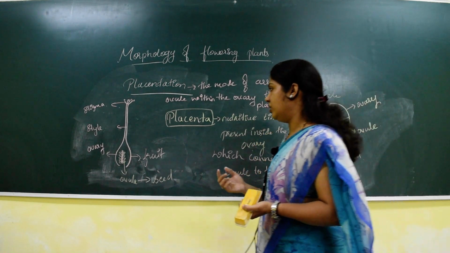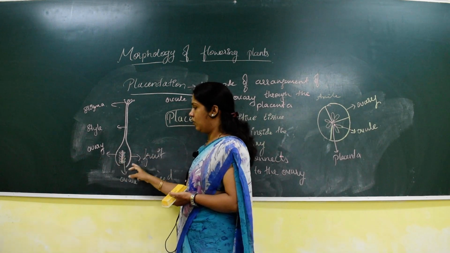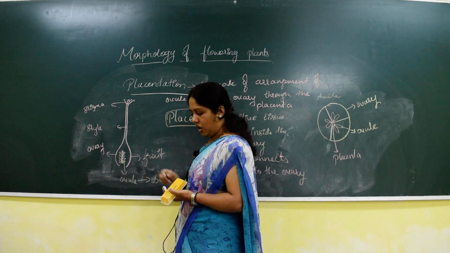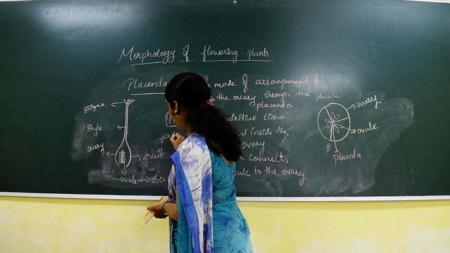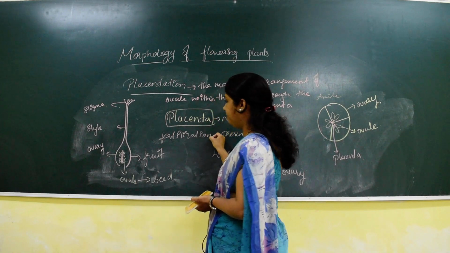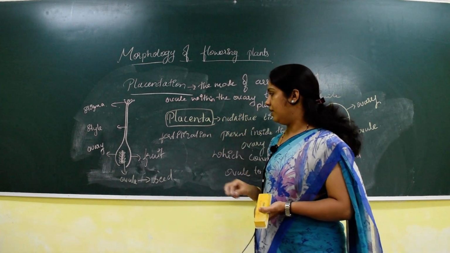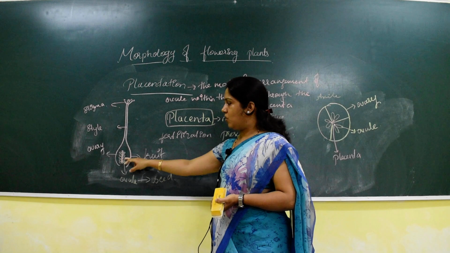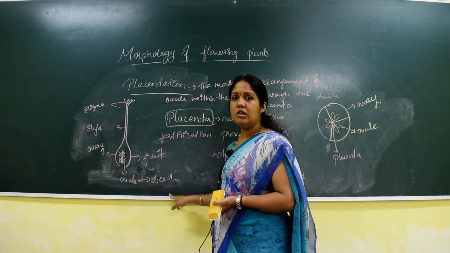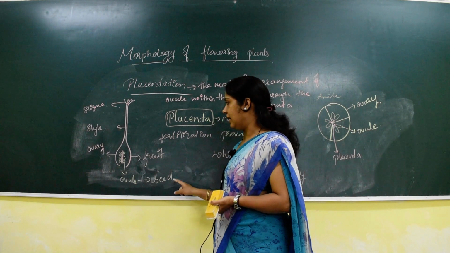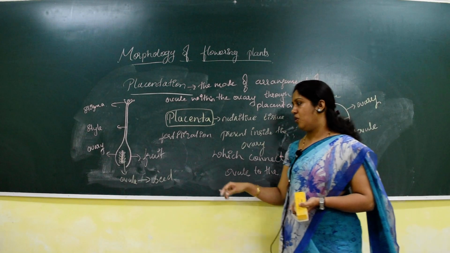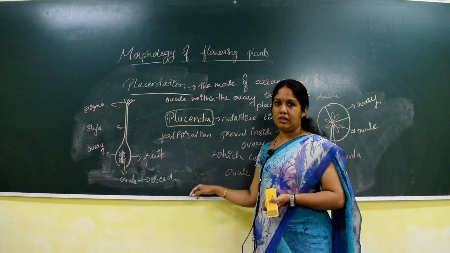After fertilization, the ovary will develop into fruit, whereas the ovule which is present inside the ovary will develop into seeds. Very important. Ovary develops into fruit, whereas ovule develops into seed.